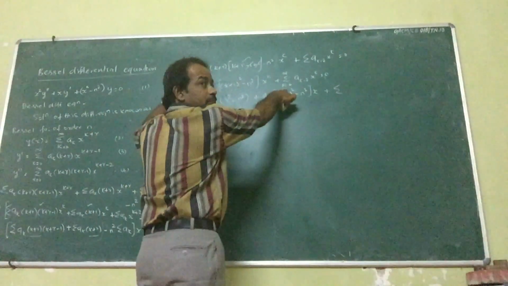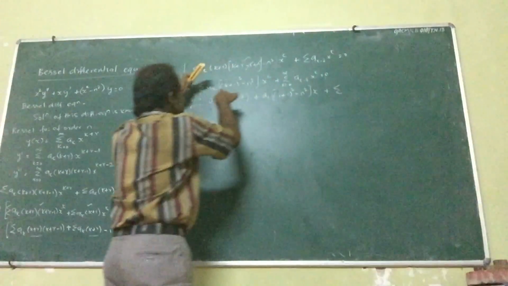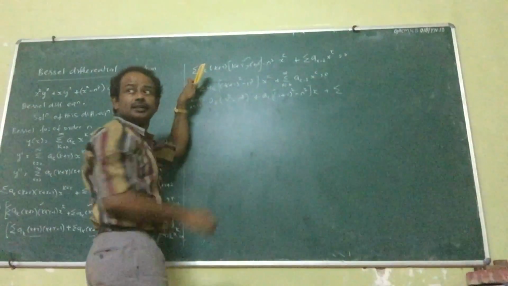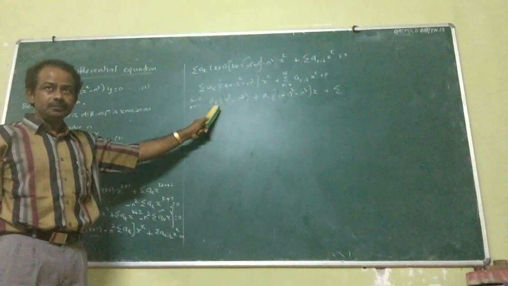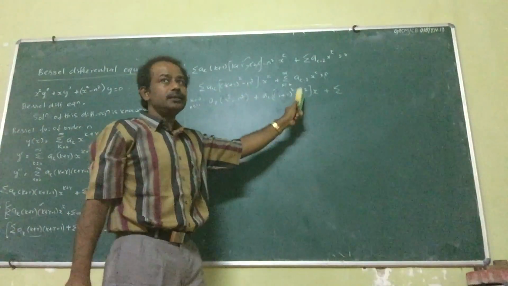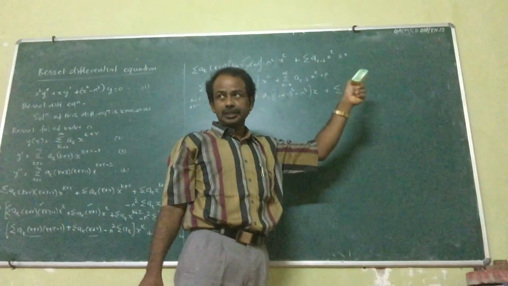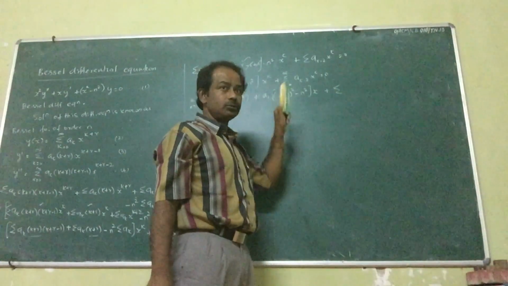Because k base 2 is already there, I can pull the rest of the terms into this term. So we have the k equal to 0 term and k equal to 1 term. The next term will be the k equal to 2 term, and we already have the k equal to 2 term here.